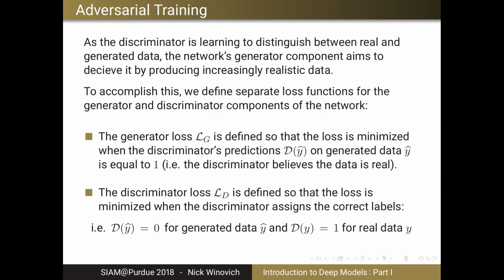So the adversarial part of this setup is that we want to have the generator competing against the discriminator. The discriminator, again, is working to learn to distinguish real from fake, but we want our generator to produce things so close to the true data distribution that it's not possible to differentiate.